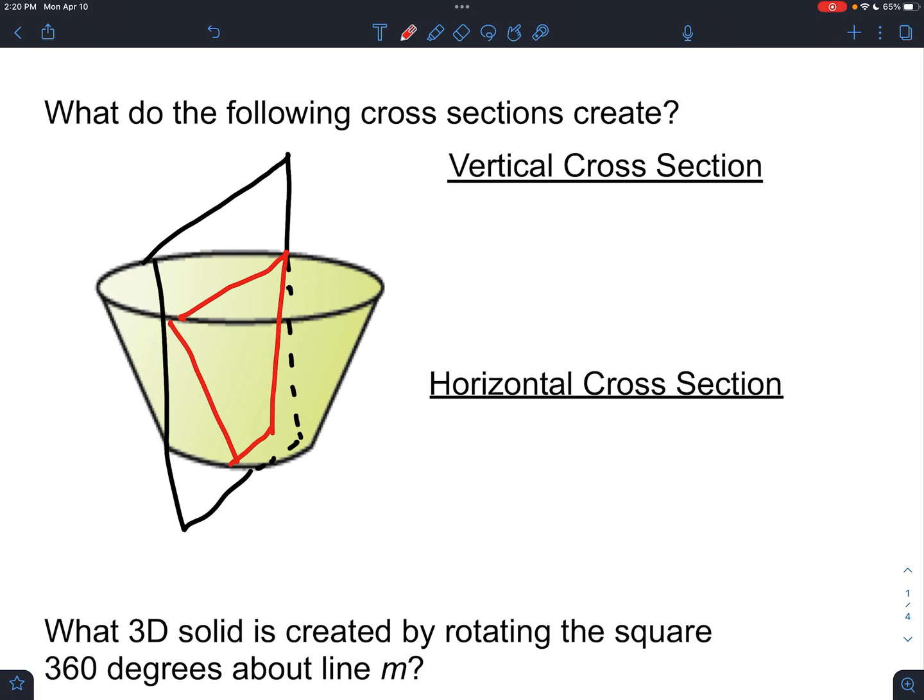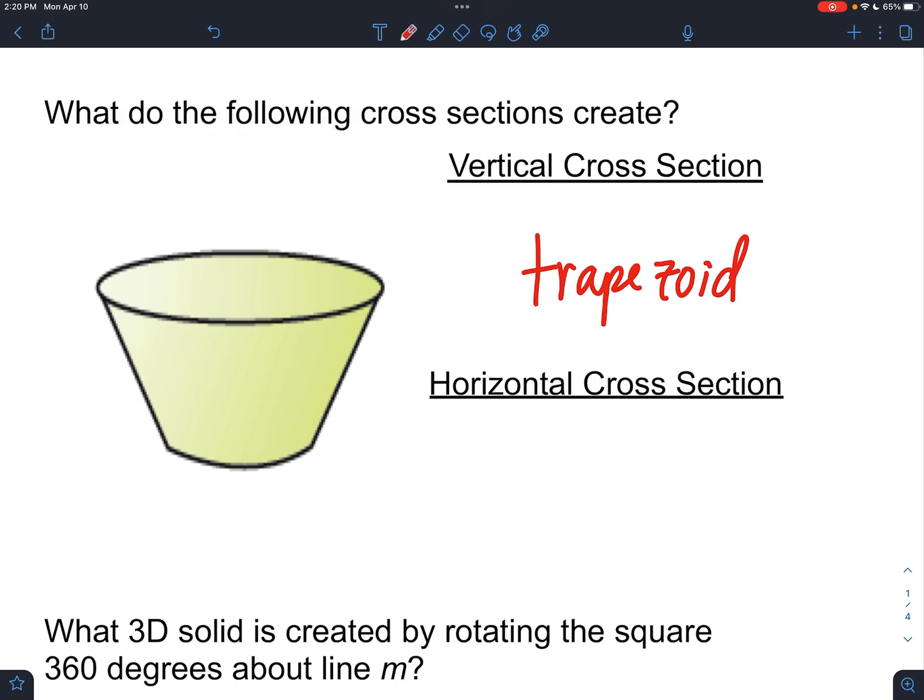If you cut it and then opened it up and looked at what the shape was, that's a trapezoid. And if you took this way, notice how the bottom and the top faces are circles, so you would expect this to be a circle too.